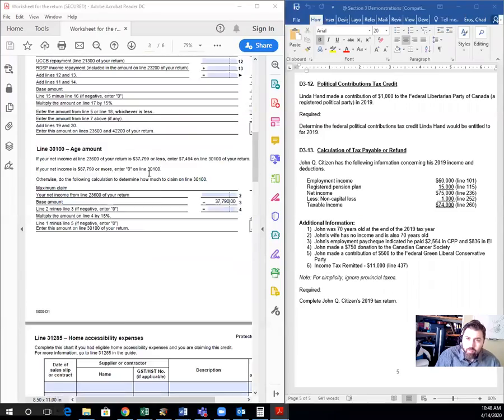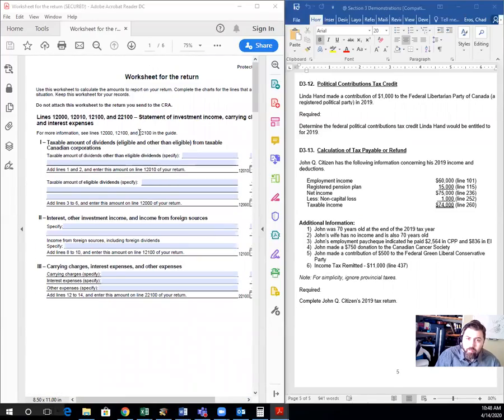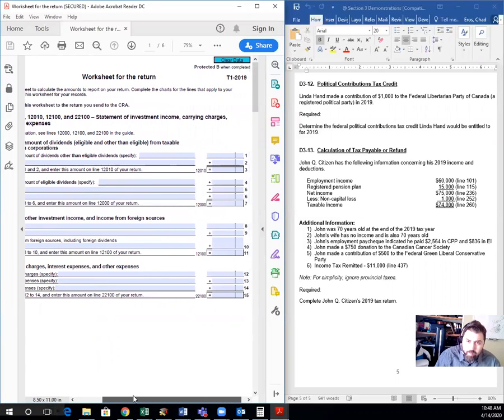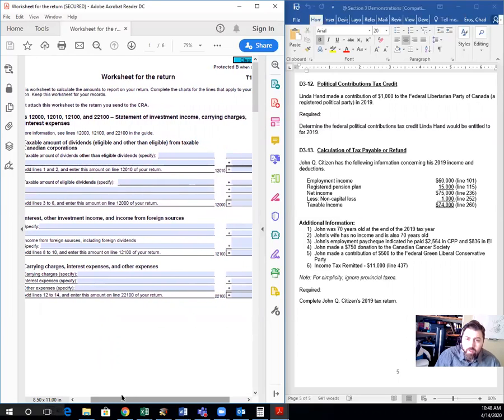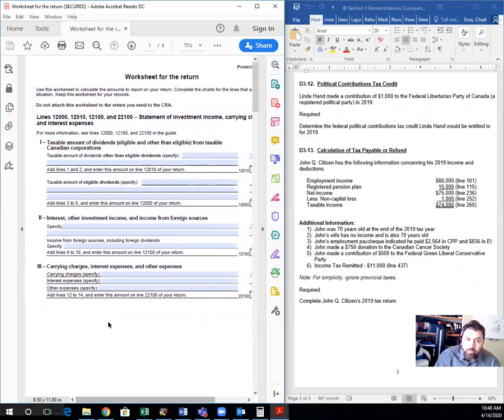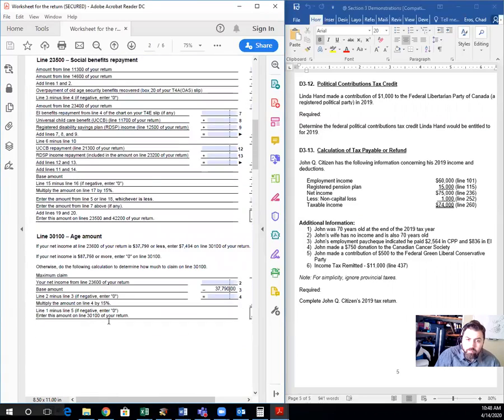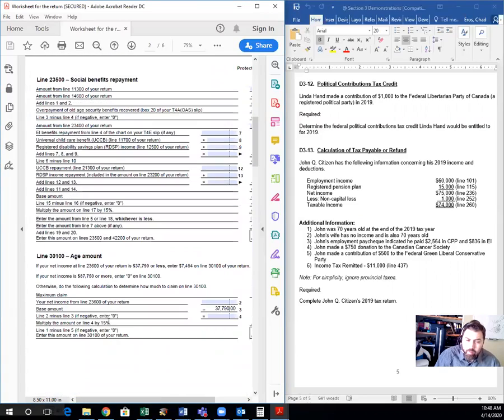Just to remind you of what's on here: the statement of investment income, carrying charges, and interest expenses. Just talk about the ones that we covered.